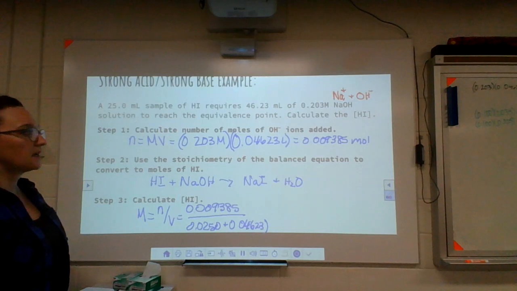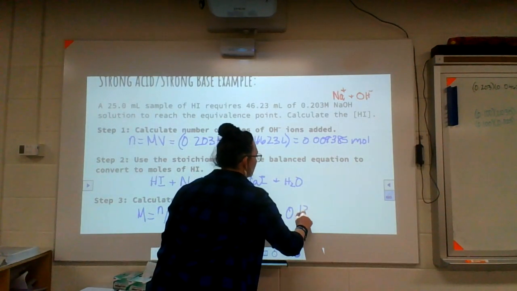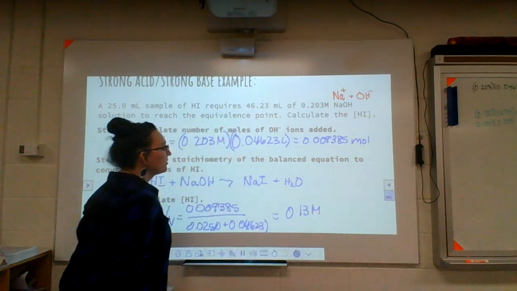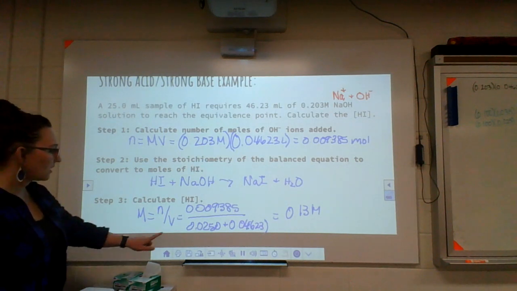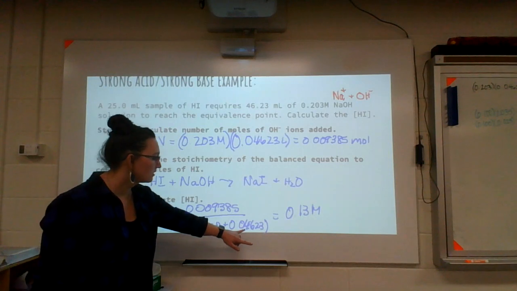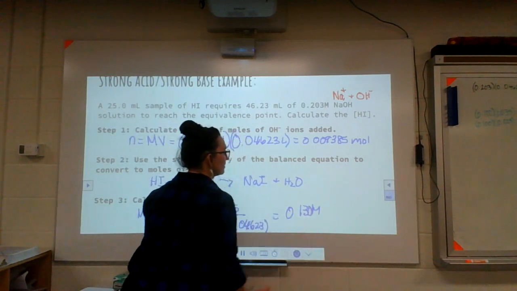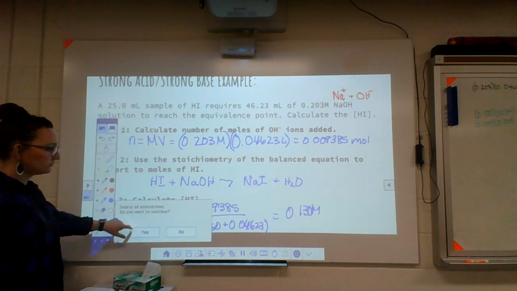And so this comes out to 0.13 molar. Actually, this has 3 significant digits, so this should be one more digit. Okay, moving on.